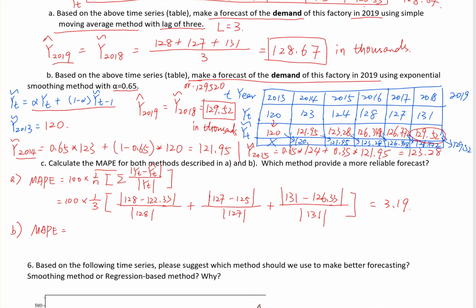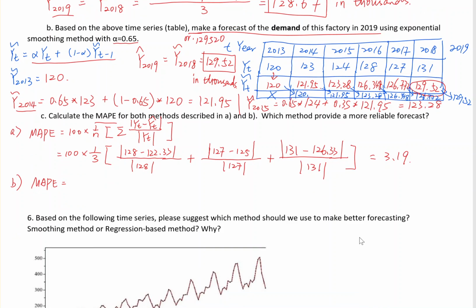Alright, so now we need to find if there are any pairs of YT and YT hat. So we look for this row and this row. Do you have any pair for 2013? No. Do you have any pair for 2014? Yes, yes, yes, yes, yes.